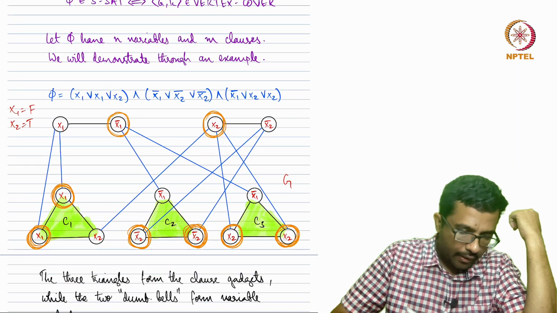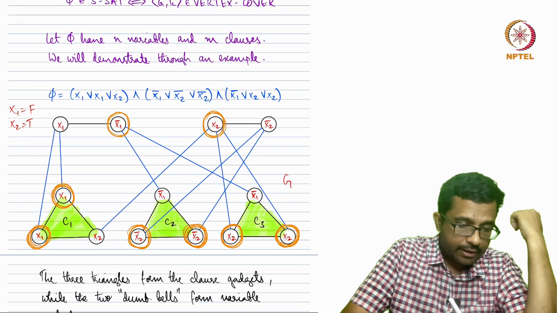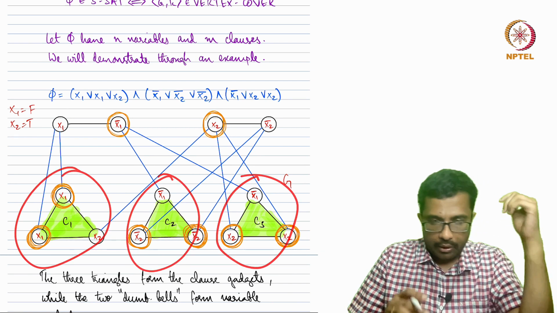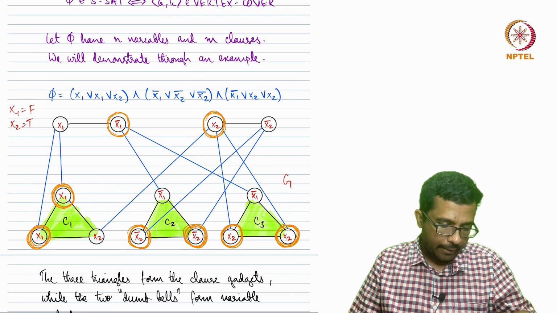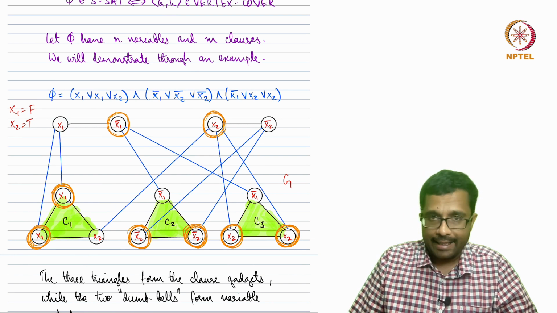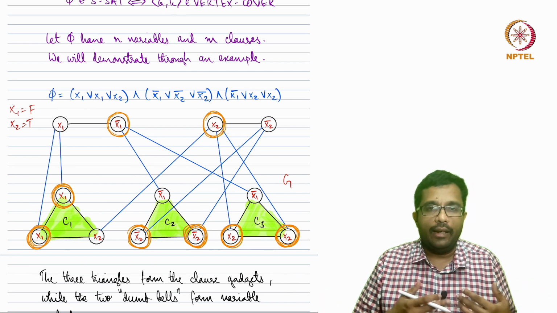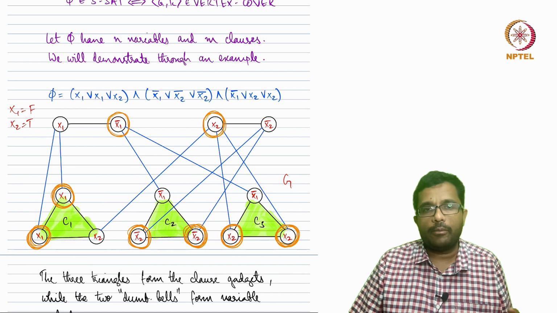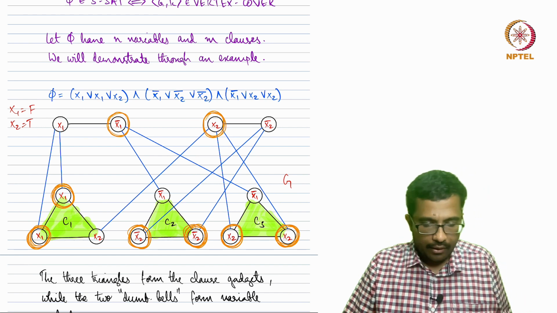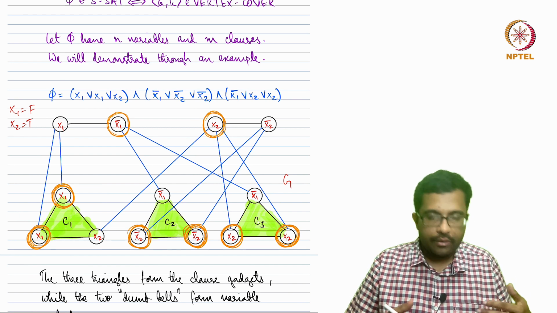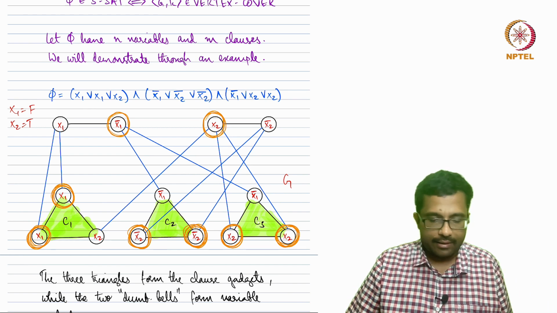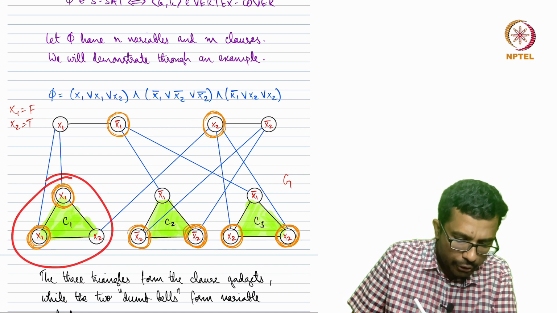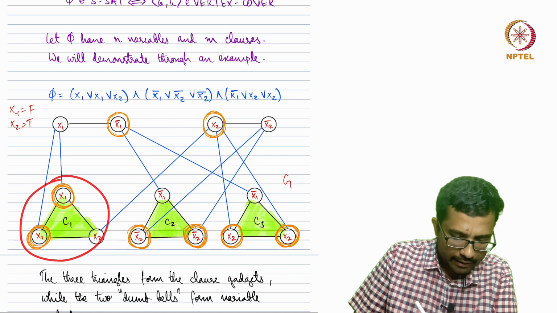One thing is that from each clause gadget we have picked 2. Whatever I am saying is on the basis of this particular example, but it is general. Even if you construct this reduction from any 3-CNF formula phi and follow these rules, whatever I am saying applies for any such instance, right? So we have picked two vertices from each clause gadget.